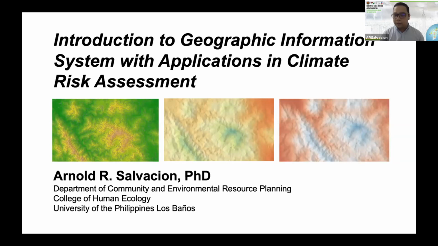But it is just recently that there has been an explosion of interest, especially with the surge of different environmental data. Now even in other schools there's been interest in the use of GIS, because before, I think only UP Diliman had a proper course for GIS, but now other universities have as well.